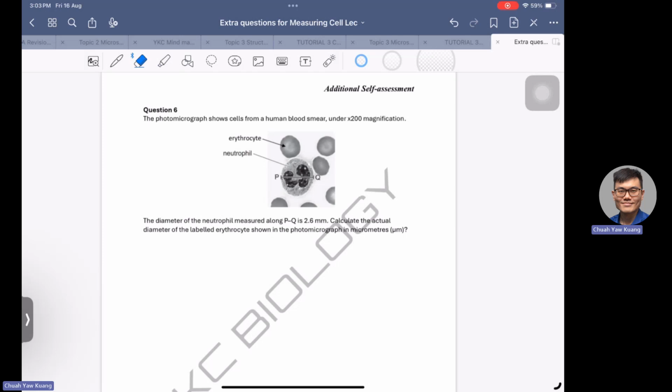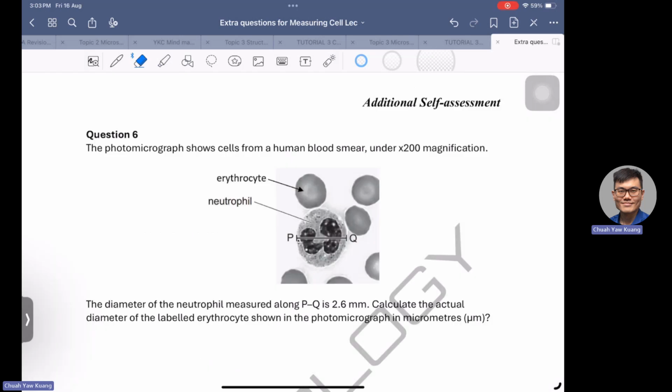Question 6 is a bit special because this question gives us the measurement of one cell and then asks us for the actual size of another cell on the same image. From the question, we can see that magnification has been given, the image size has been given, and they are asking for the actual size of another cell.